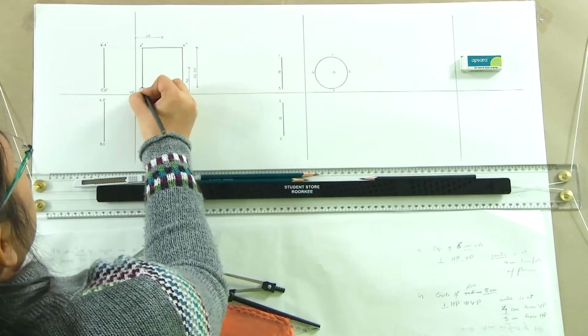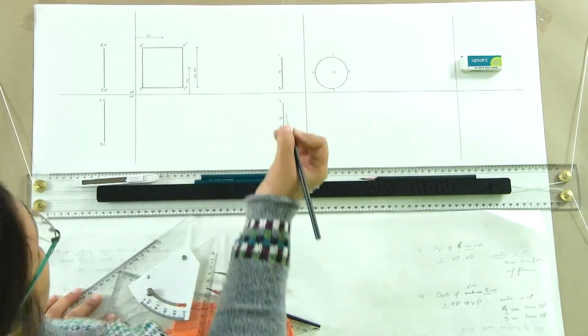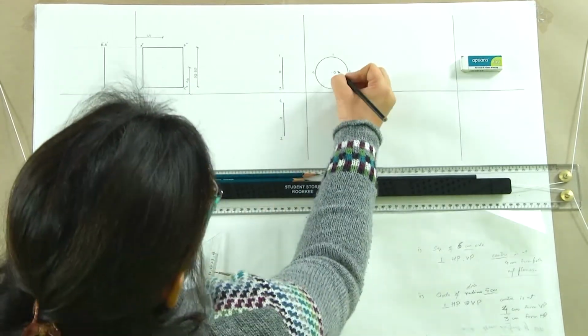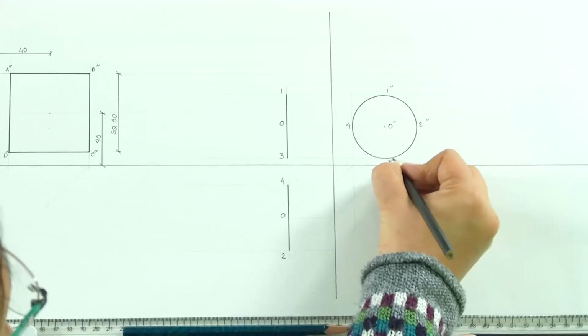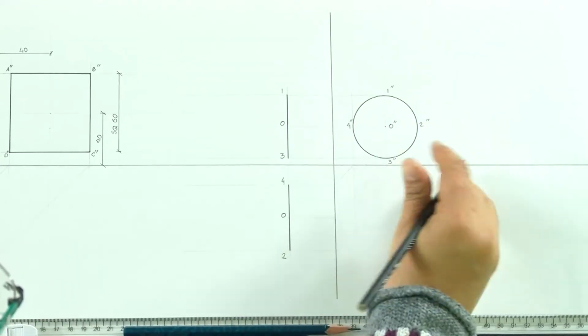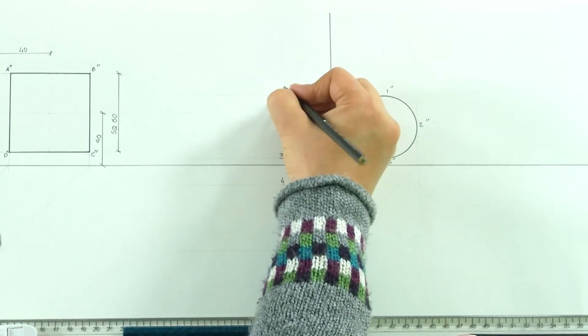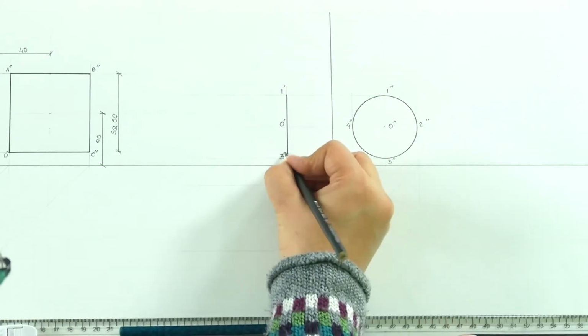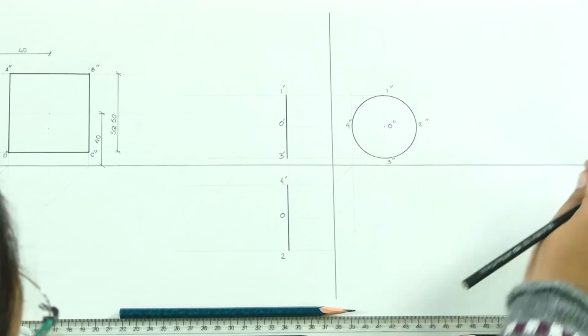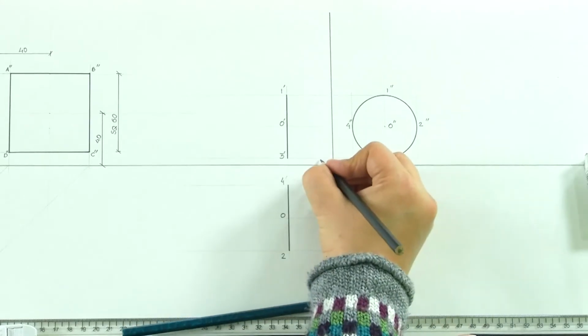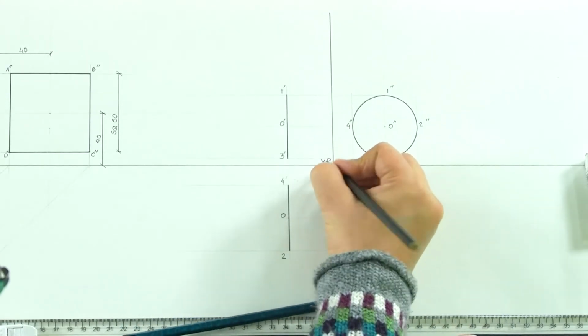So, A double dash, B double dash, C double dash and D double dash, and the same thing will be here. So, we will be marking these points with double dash, which implies that this is the side view, this is elevation, and this is plan. So, we are not having any plan here. So, that is the final drawing, and then you do the labeling.